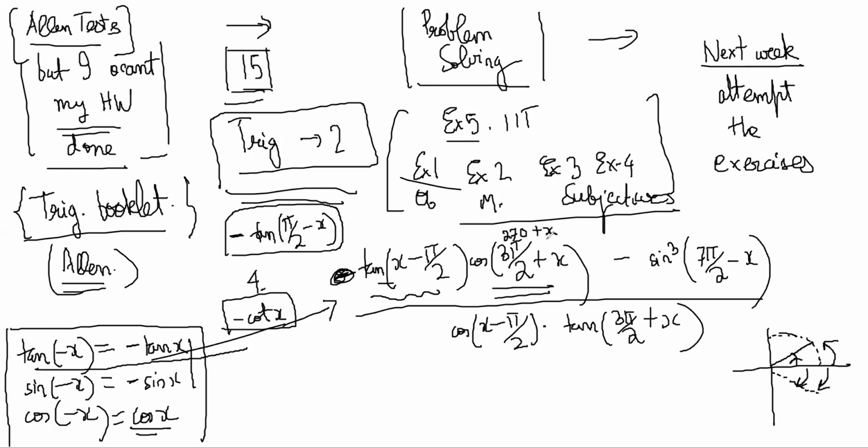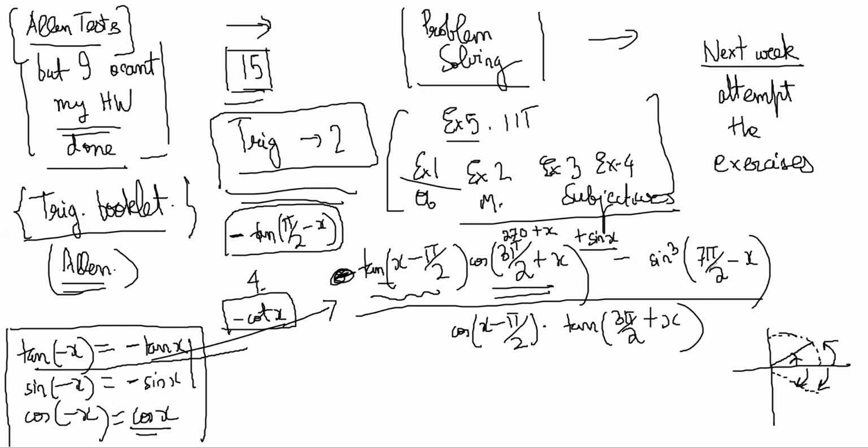And if it is an even multiple of 90, then you don't have to change anything. So here it will become plus, coming from the first rule, and then sine x. This is plus sine x, because cos becomes sine.